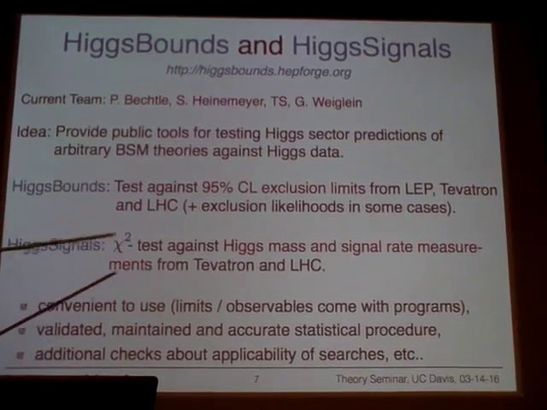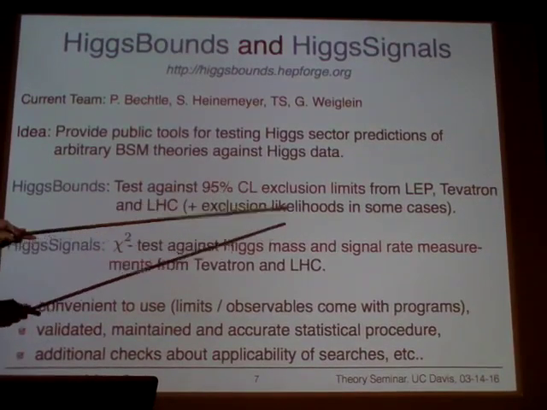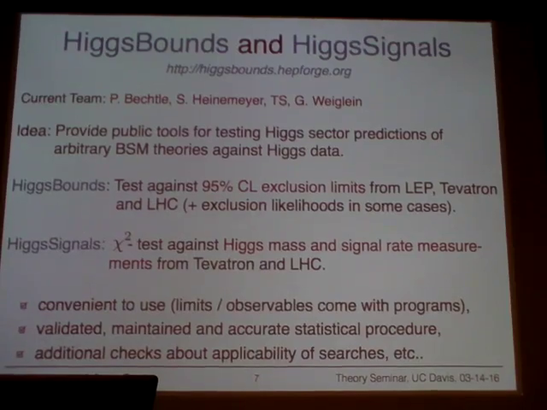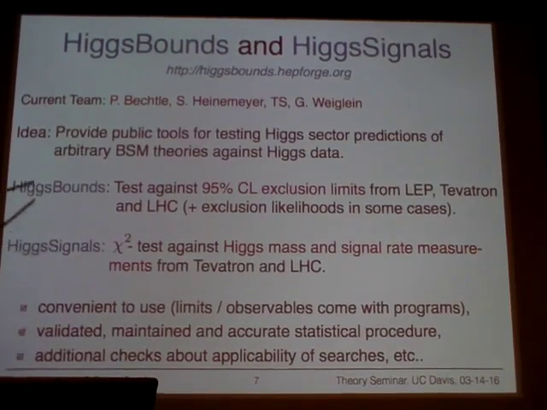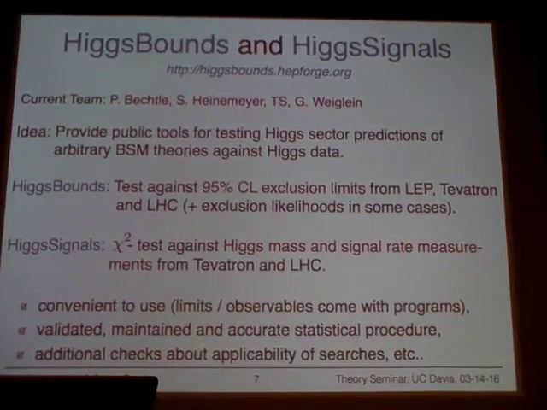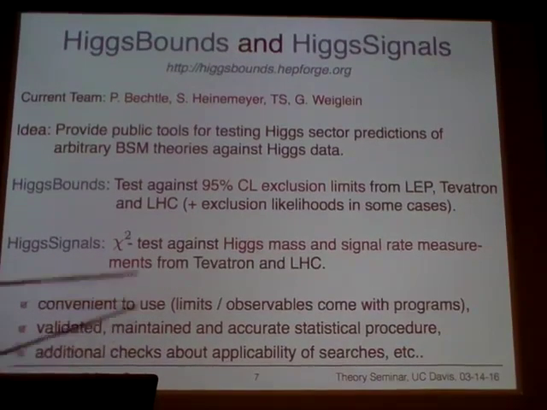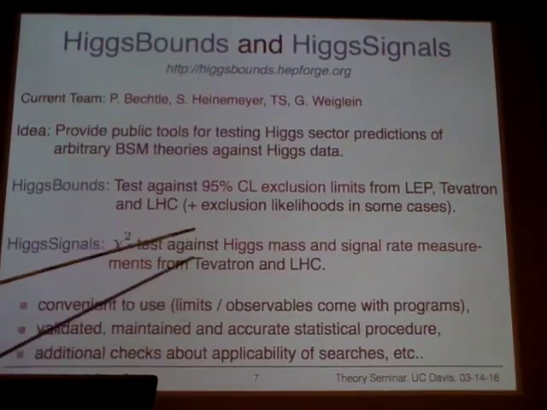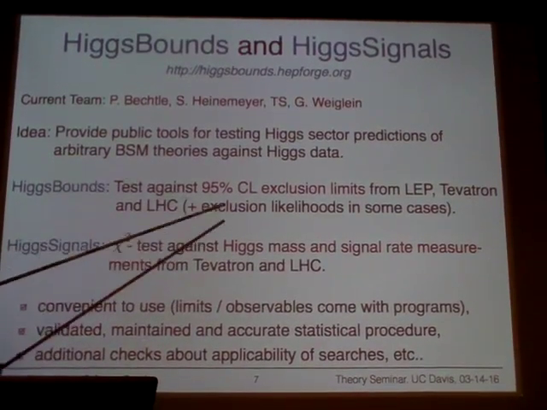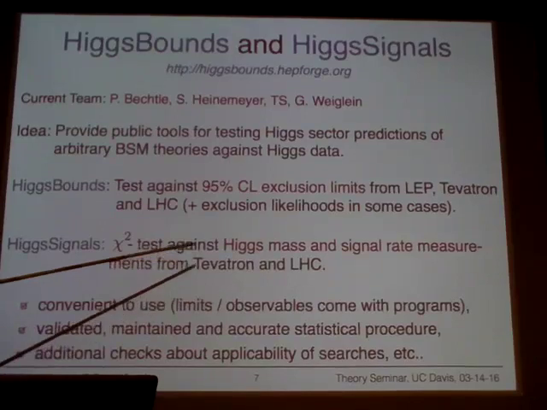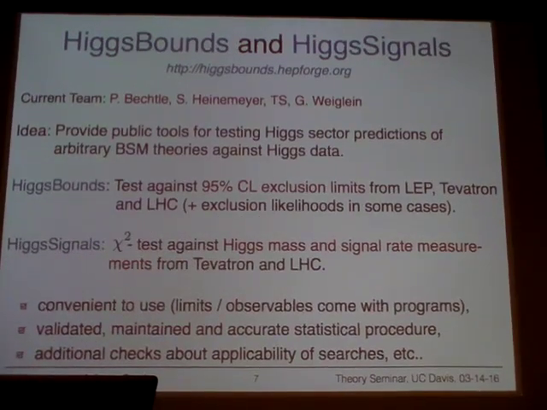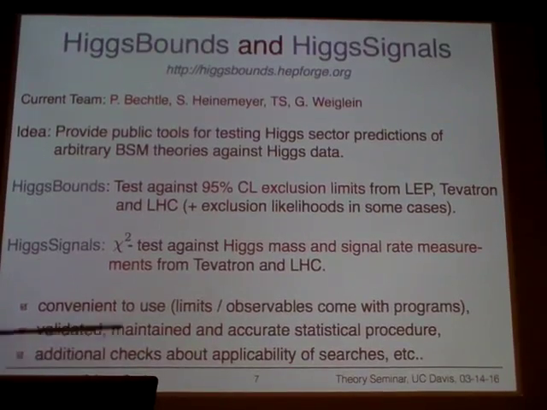It contains only the 95% confidence level exclusion limits from LEP, Tevatron and LHC Higgs searches, because at the time when this code was written, there was no signal, so naturally you can only test against exclusions. There are some extensions of this code, and I will come to this later in the talk a little bit, where we actually have full likelihood information on how much the model is excluded for certain analyses.